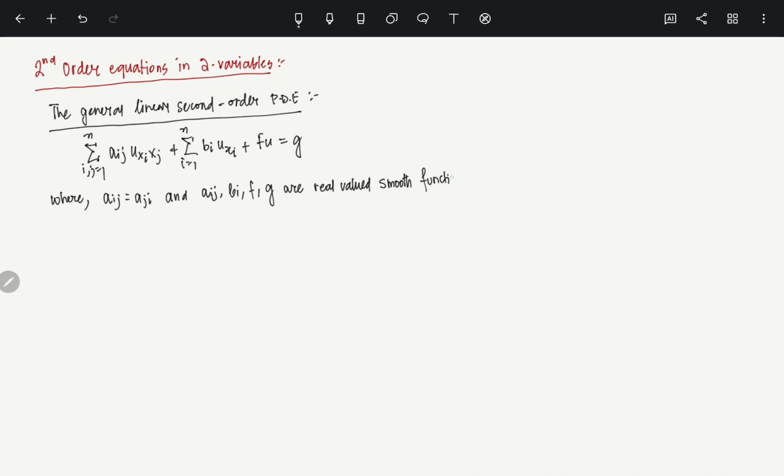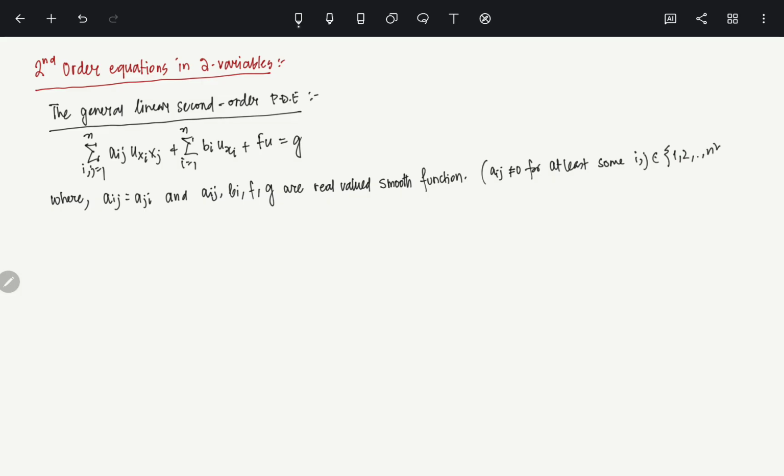Of course, there is another assumption that a_ij is non-zero for at least some i and j in this set 1, 2.